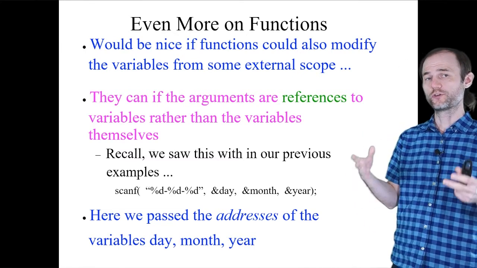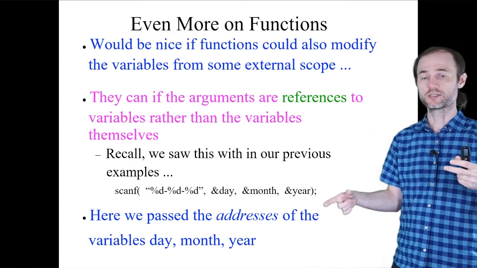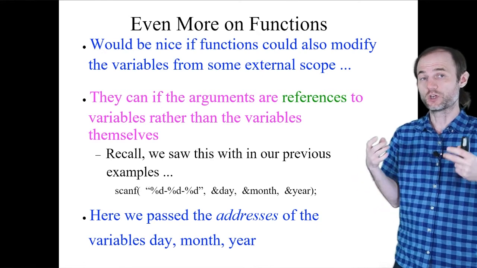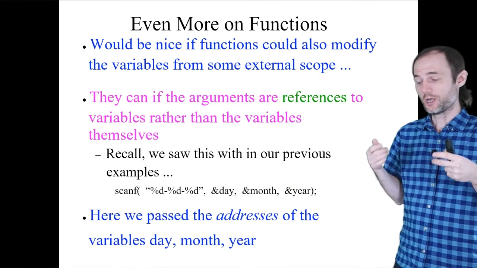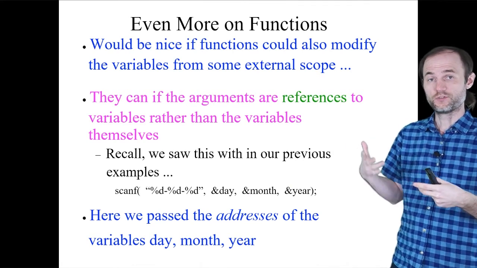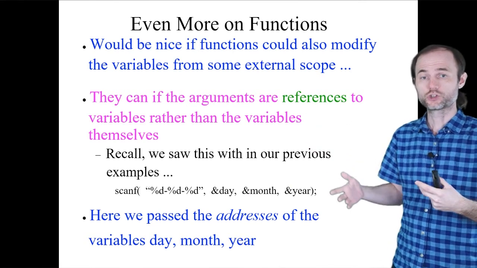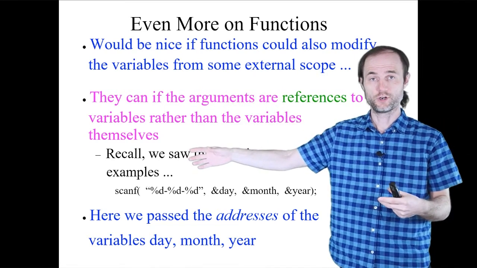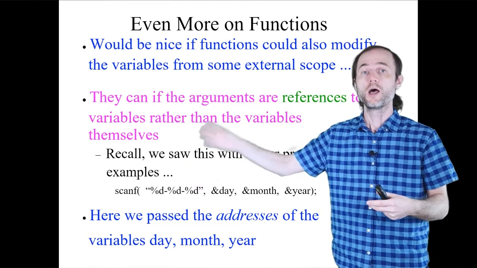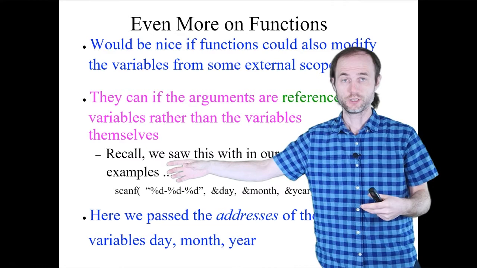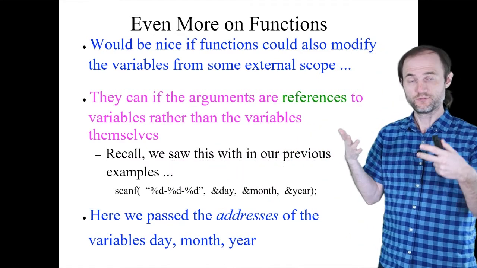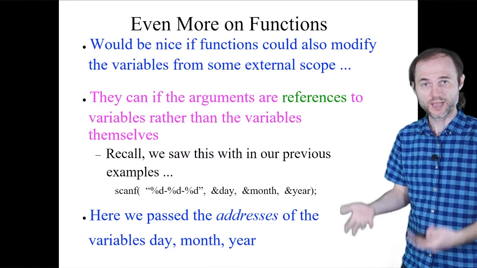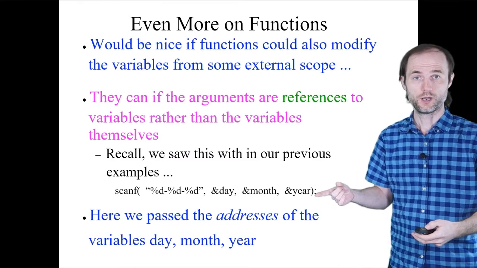And so although the function scanf got copies of these variables' addresses, a copy is good, because a copy of an address of the variable allows the function to go to the location where the variable is stored, modify the value of the variable at that location, and that way it will be able to modify the variable that we passed to it by pointer, by reference.